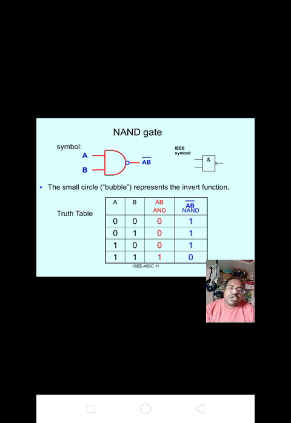Please draw it in your notebook. Here the inputs for NAND gate are A, B and the output for NAND gate is Y equal to AB bar. Here I have given the IEEE symbol also. Please make a note of it clearly.